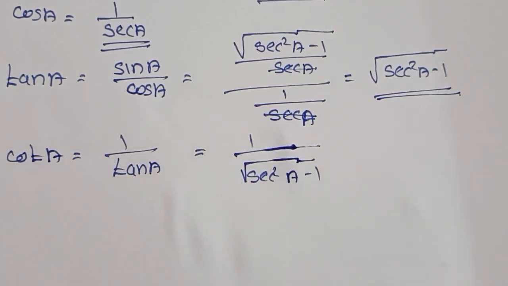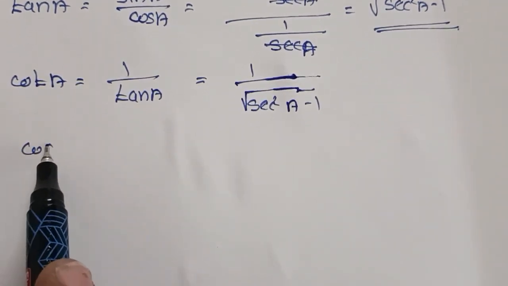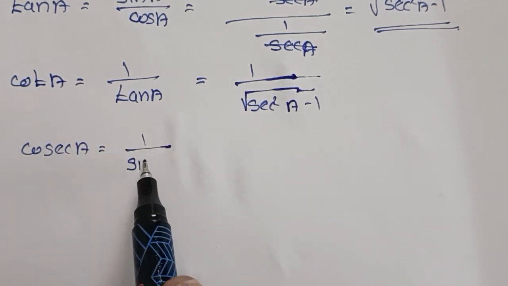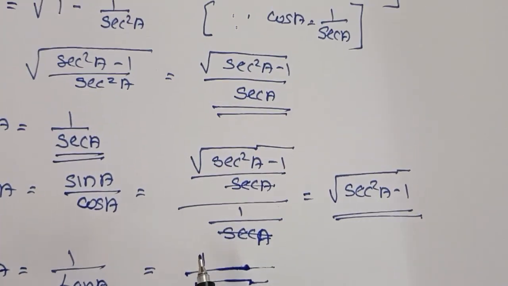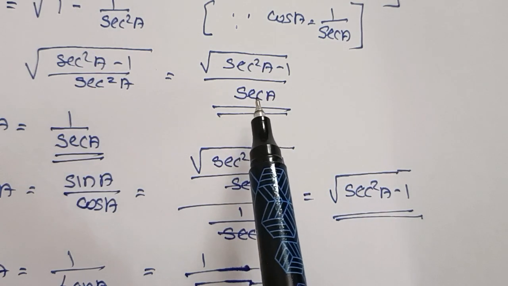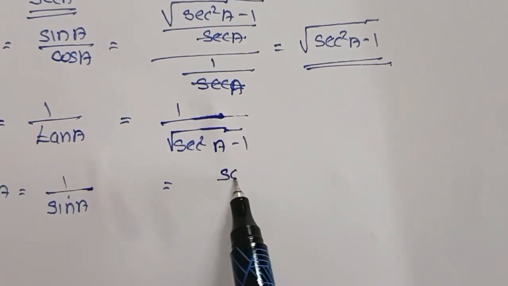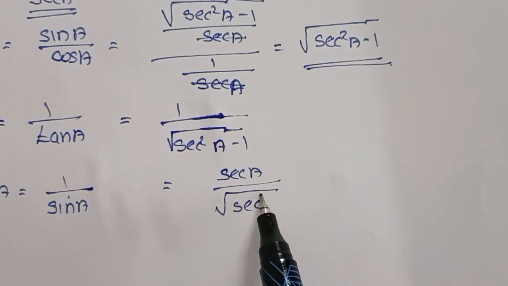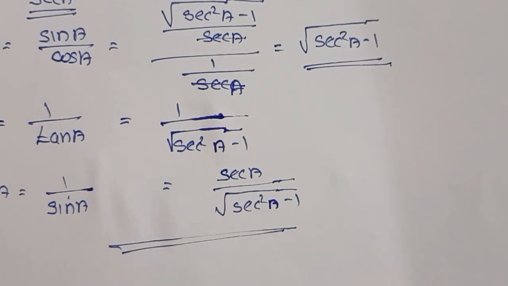Next, cosec A. Cosec A is the reciprocal of sin A, that is 1 by sin A. We have sin A equal to root of sec square A minus 1 by sec A. So its reciprocal is sec A divided by root of sec square A minus 1. Okay.